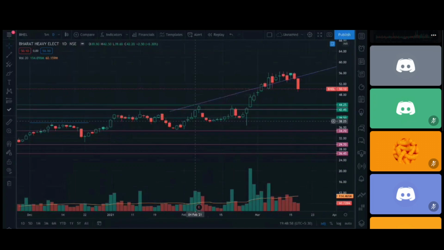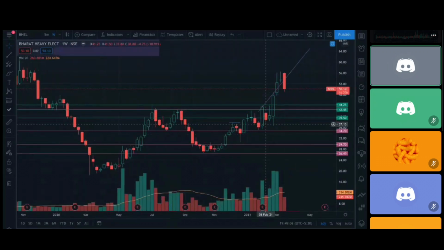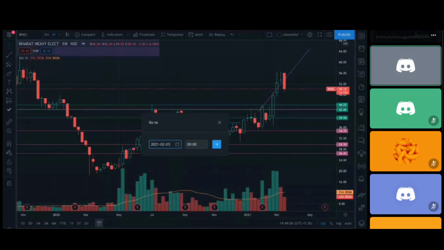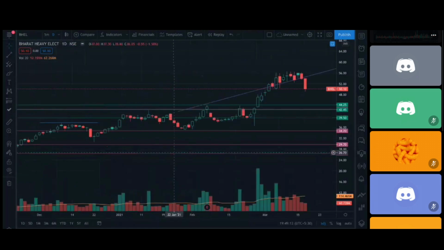When did it stop? This is 8th Feb. Okay. So from first Feb until this movement is happening over one week, and after that you are getting this particular movement.